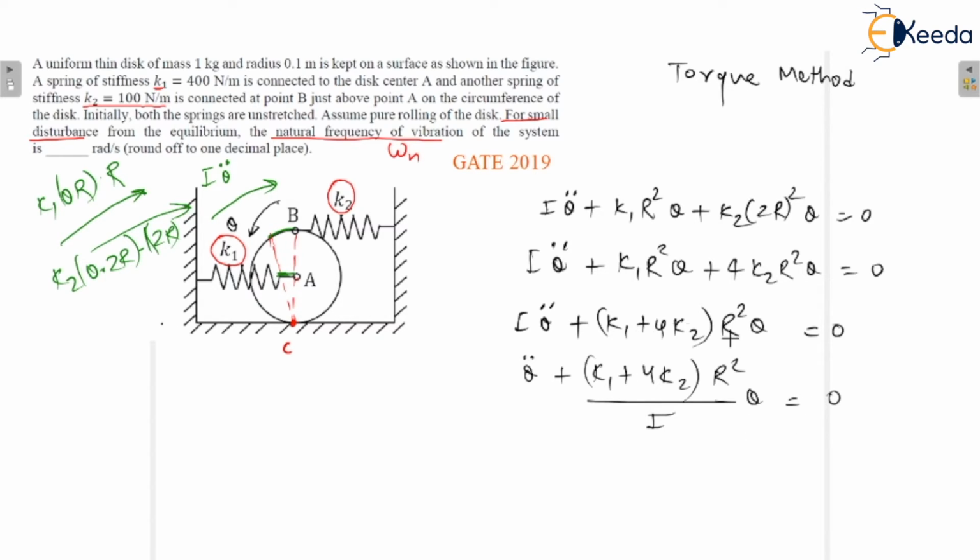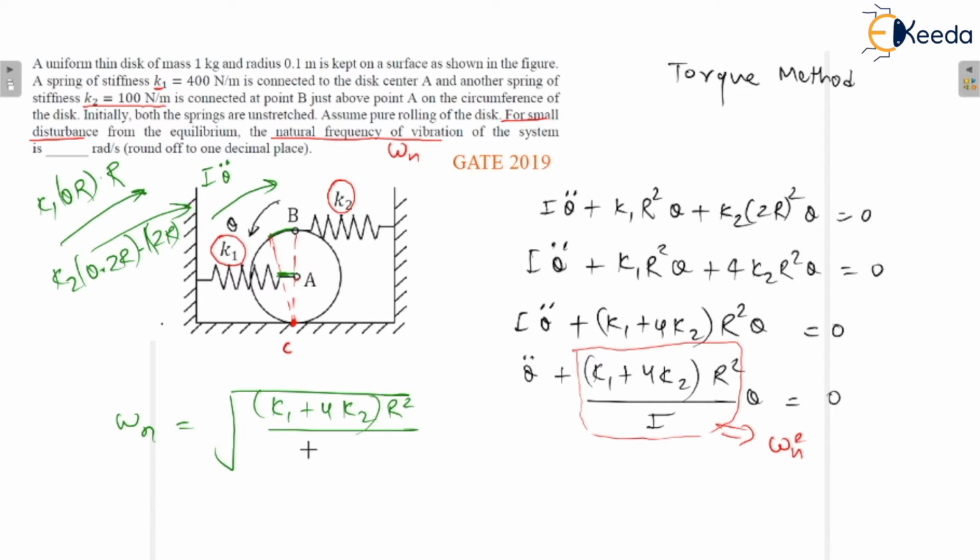So this term is basically omega n square. We just have to put this value here. So omega n becomes under root of K1 plus 4K2 r square upon I.